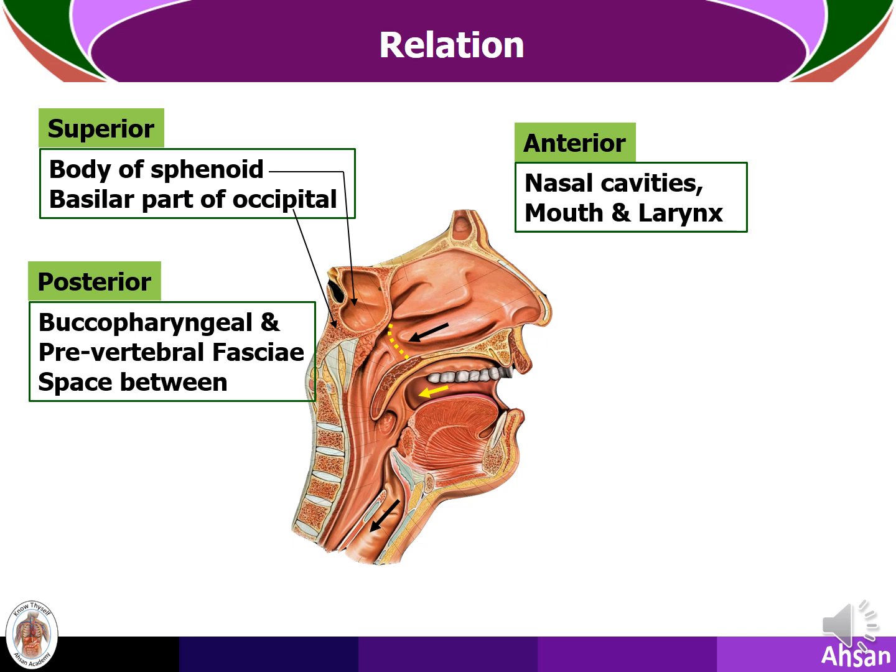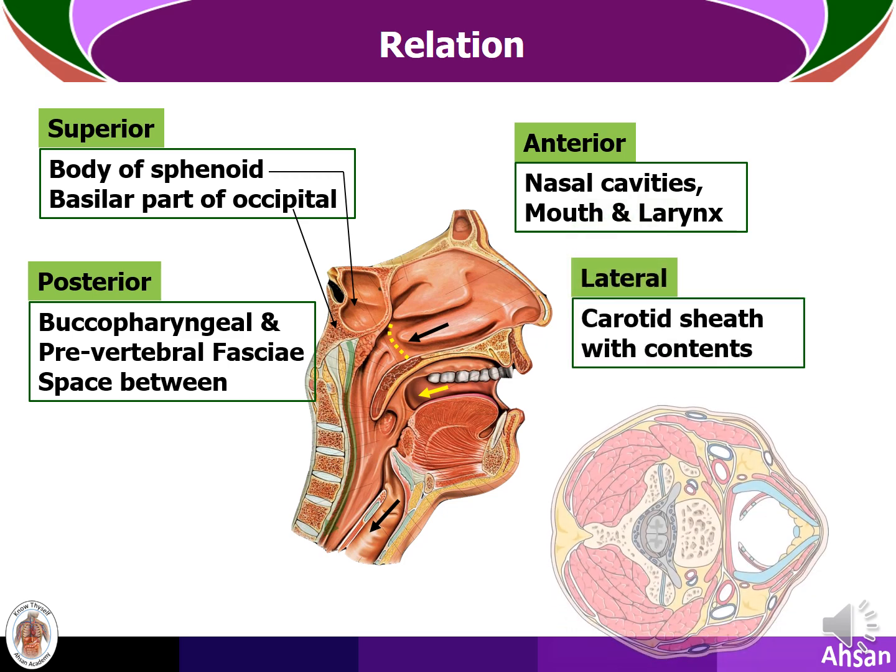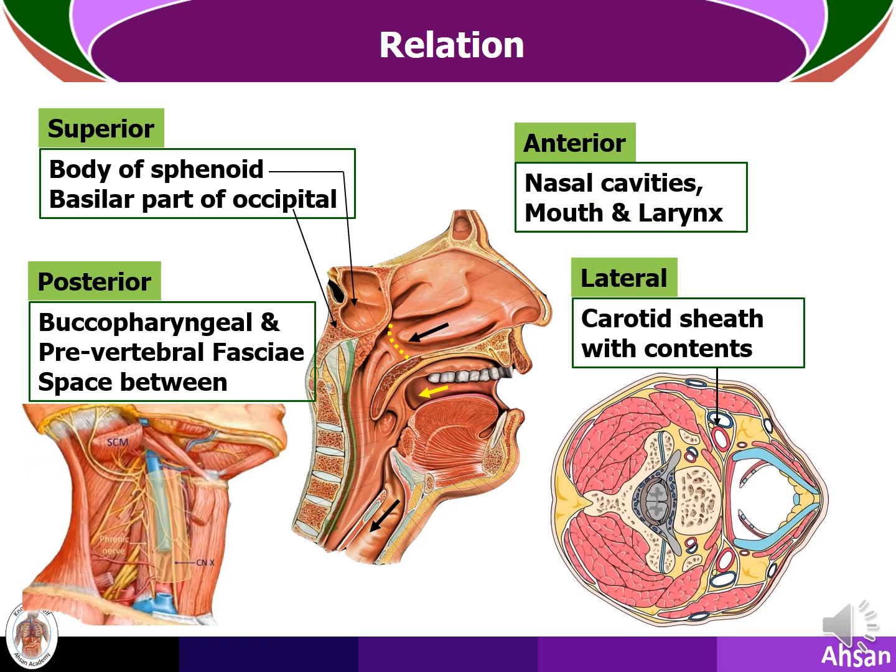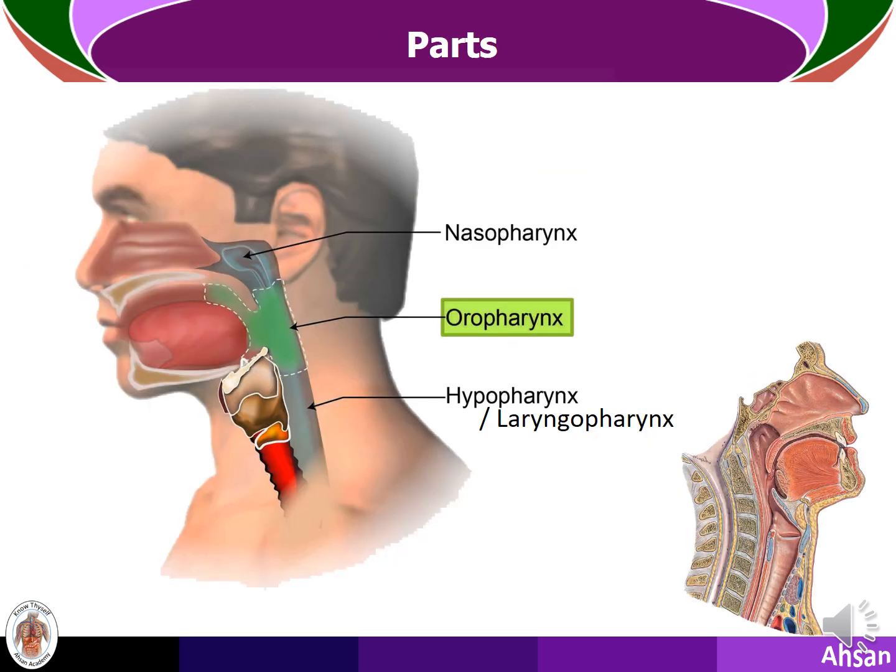Posteriorly, it is related to the buccopharyngeal prevertebral fascia, a part of the deep fascia, and the space between them. Laterally, the carotid sheath and its contents are related to the pharynx. These are the gross relations.